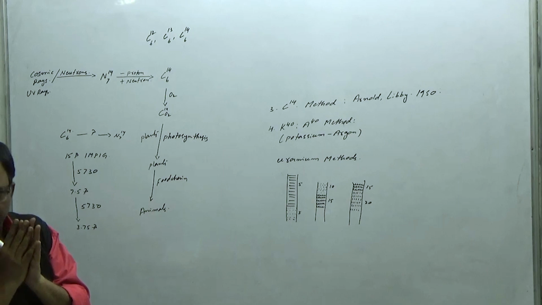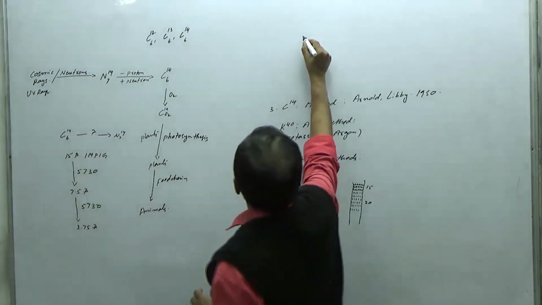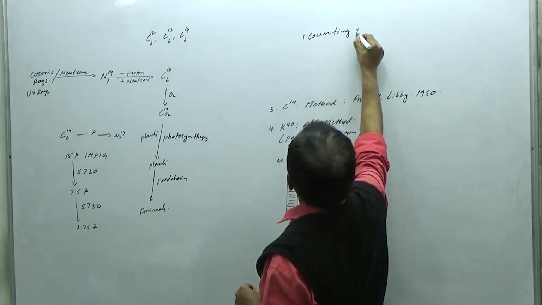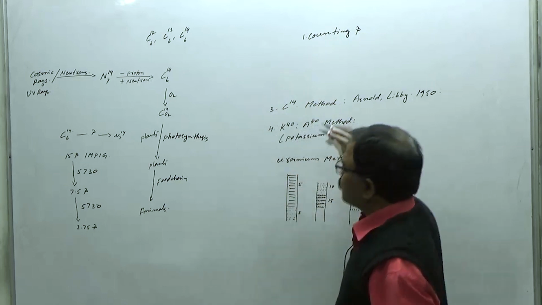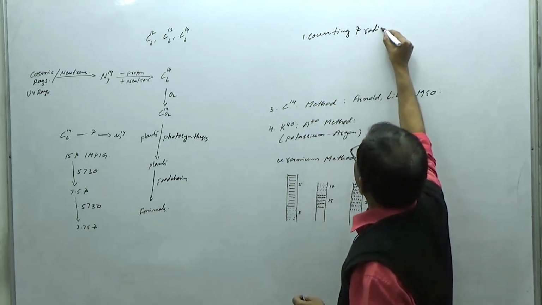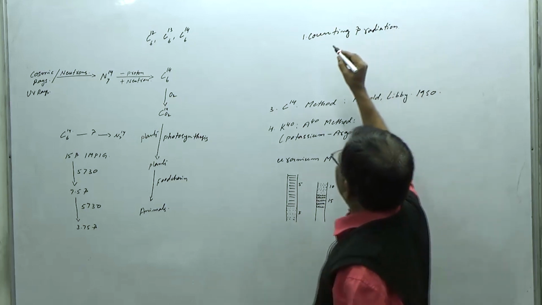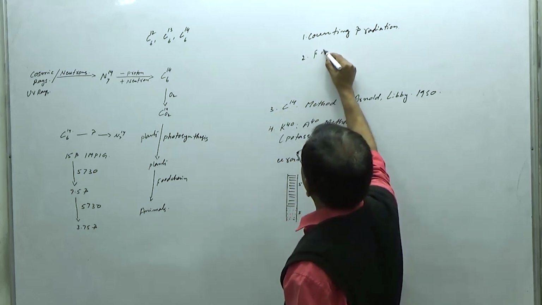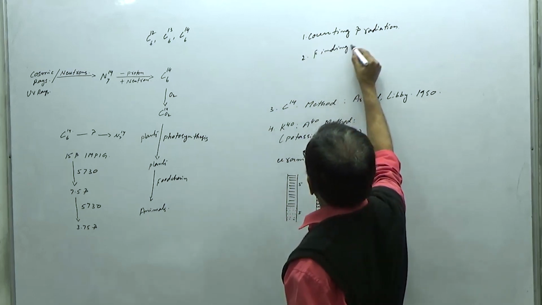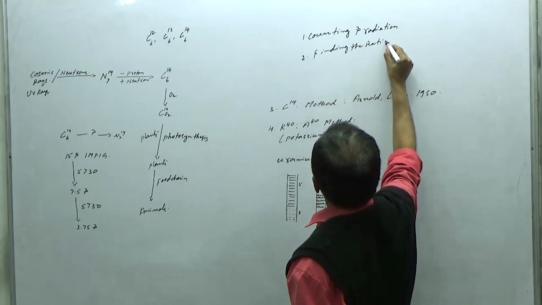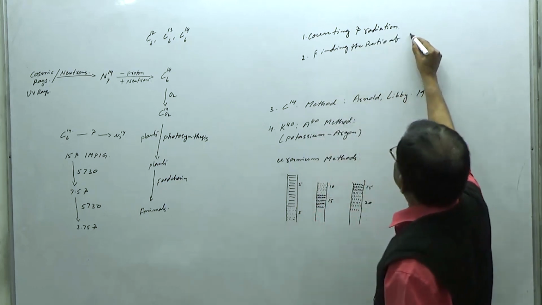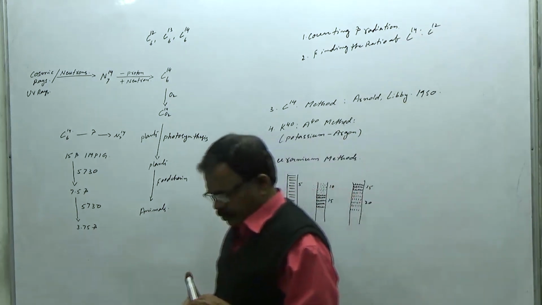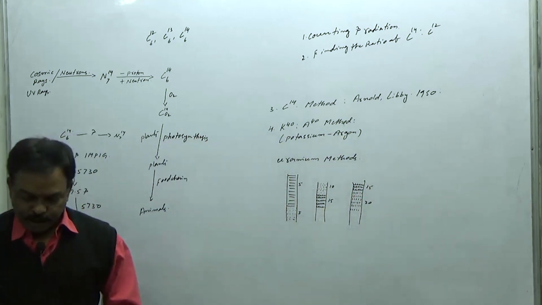One is counting beta radiation, and another one is finding the ratio of C14 and C12. Two methods are there.